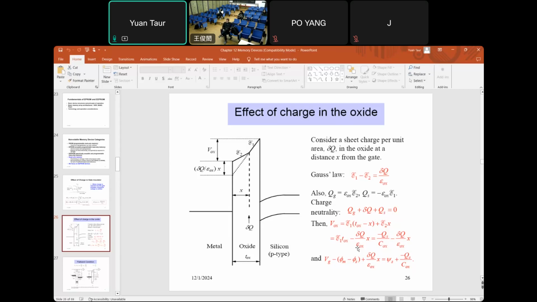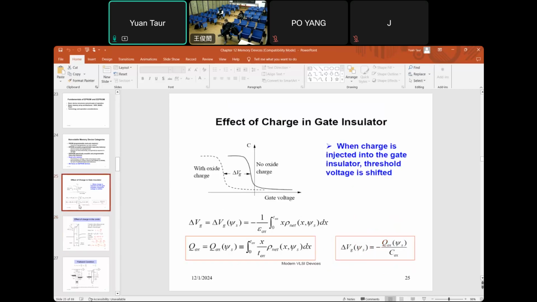Based on that, we can derive this expression here, which means that to get the total effect of delta Q, we integrate over the oxide thickness. It's shown here: we integrate over x, and at the end we express that as if all the oxide charge is at the interface.